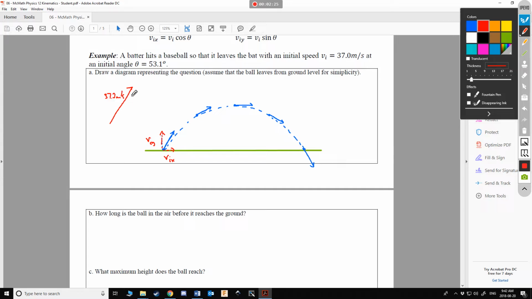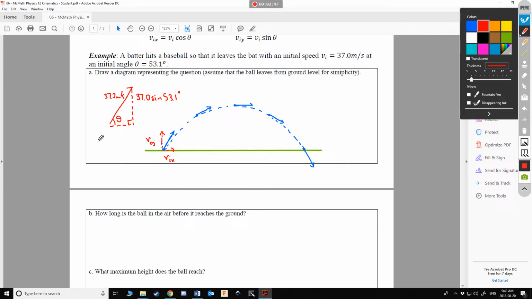So if I draw that triangle, we can use what we learned about components in the previous topic. The y component right here is going to be 37.0 sine 53.1 degrees, because this is our angle, 53.1.